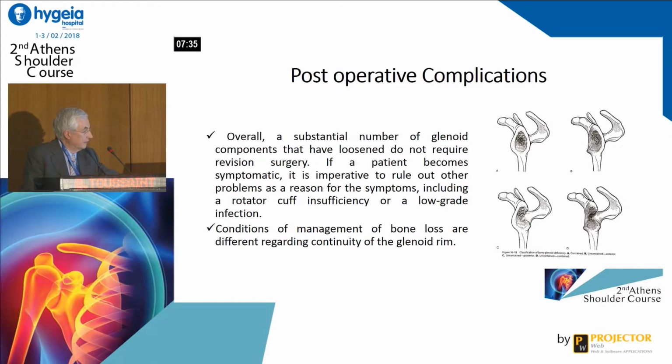It's not only the glenoid component loosening. You need to search for rotator cuff insufficiency, and it's very important to check for low-grade infection, as was demonstrated very well just before.